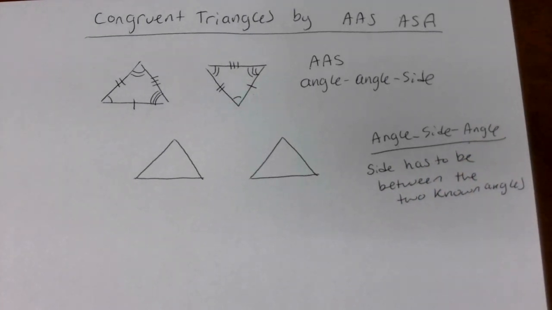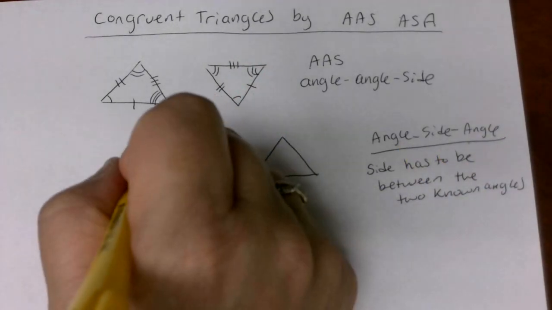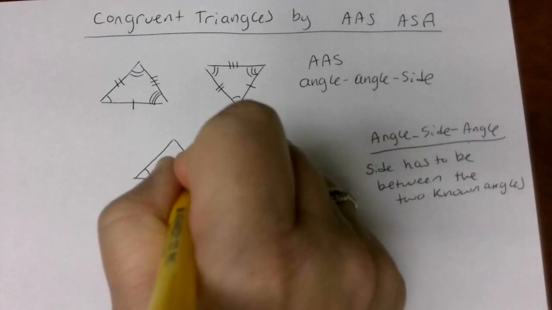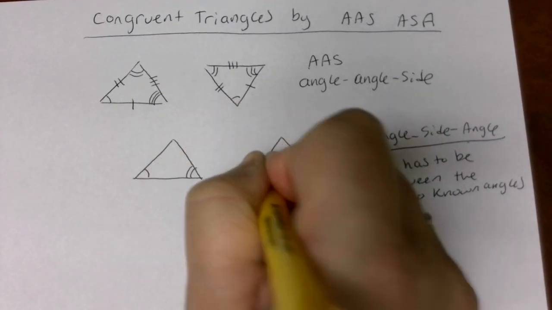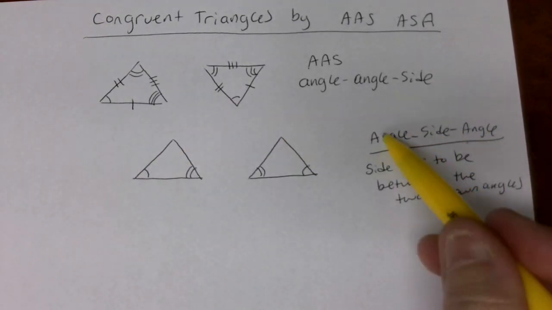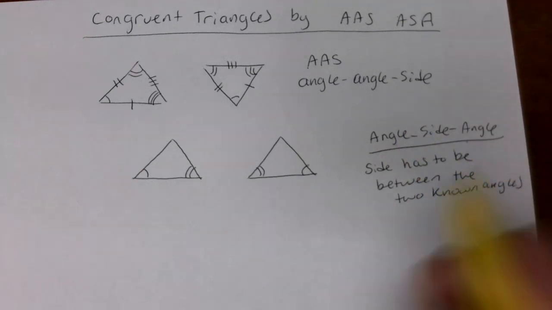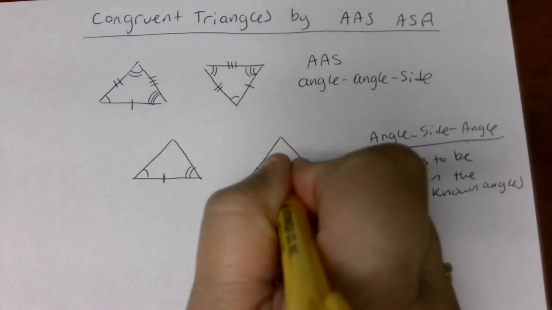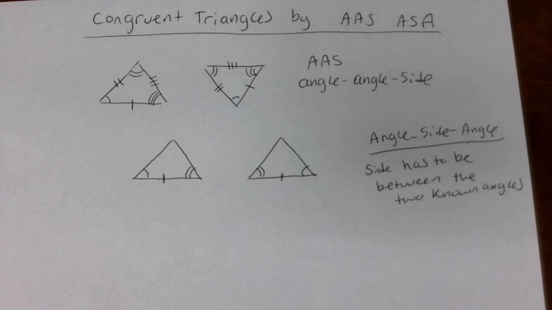So in order for 2 triangles to be congruent through angle, side, angle, you are going to have 2 angles. Okay? And the side in between, so the side directly in between those 2 angles has to be congruent. So this one would have to be congruent to this one. So those 2 triangles right there are congruent by angle, side, angle.